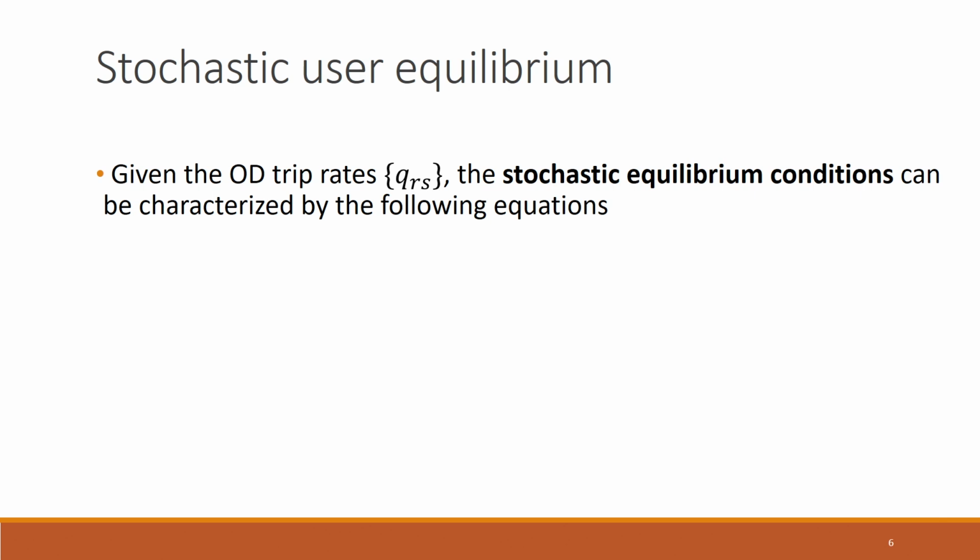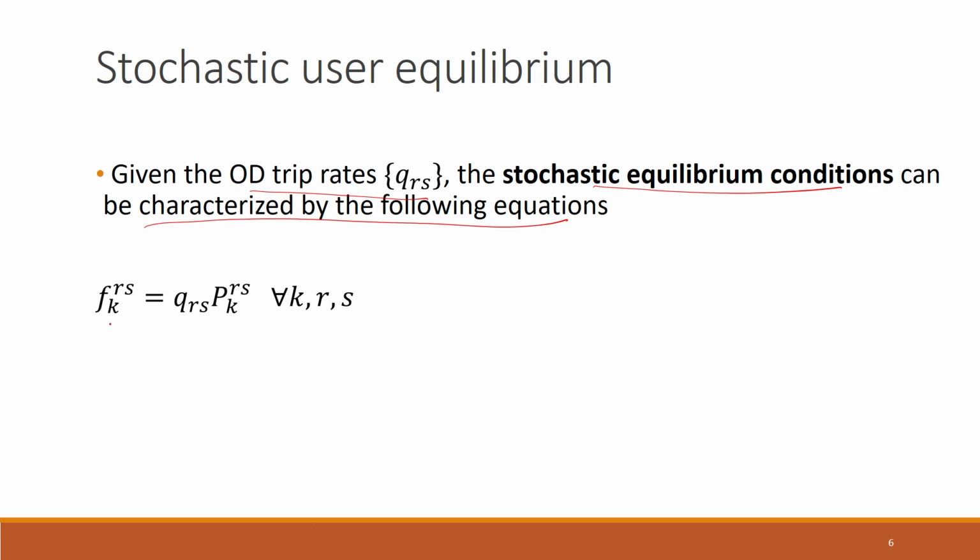Now, the inputs to this stochastic user equilibrium problem will be the same, in the sense that now also we will have the travel demand, that is, the q_rs values between every origin r and destination s will be given to us. Okay. So then the stochastic user equilibrium conditions can be characterized by the following equations.